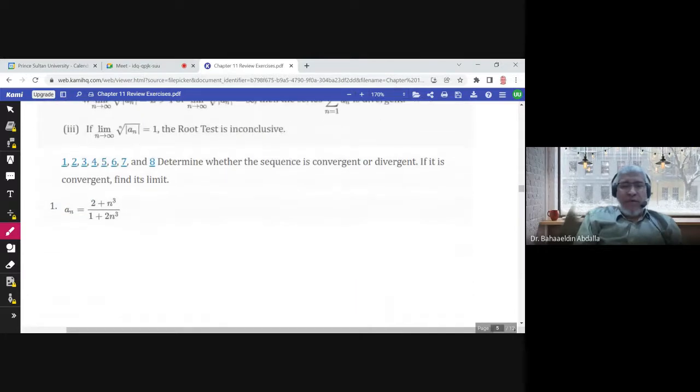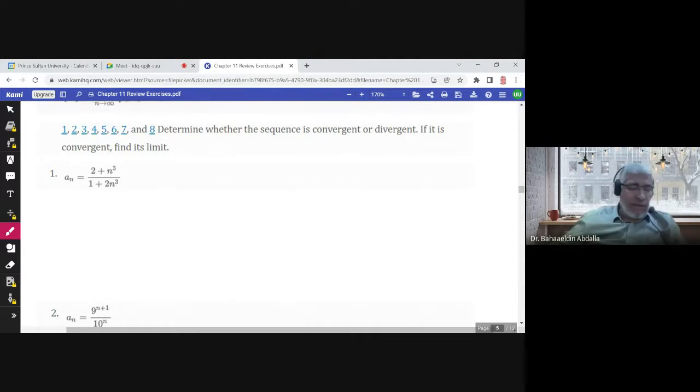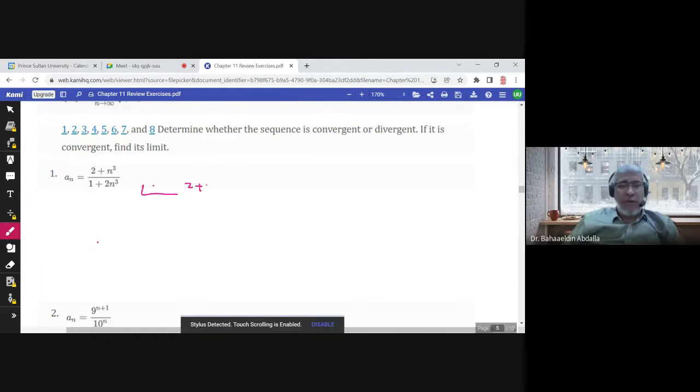These are the formulas, and let us take some exercises. Determine whether the sequence is convergent or divergent. So to find out, we try to find the limit of an when n goes to infinity.